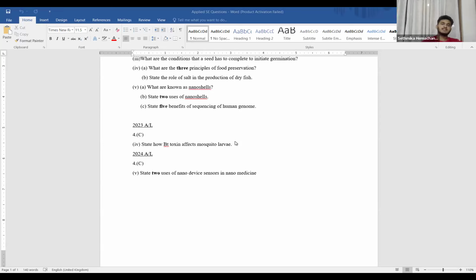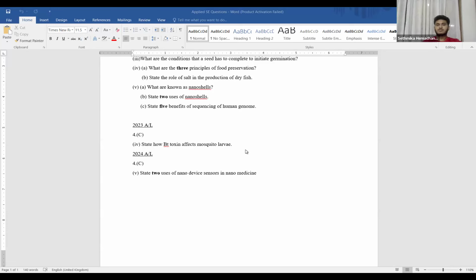Yes, right. It's Bacillus thuringiensis israelensis. You can't remember the full name, but Bacillus thuringiensis is the keyword. Israelensis is the full subspecies name. So BT toxin, yeah.